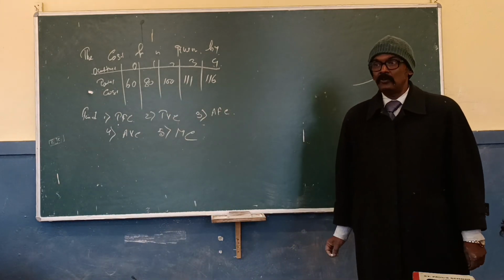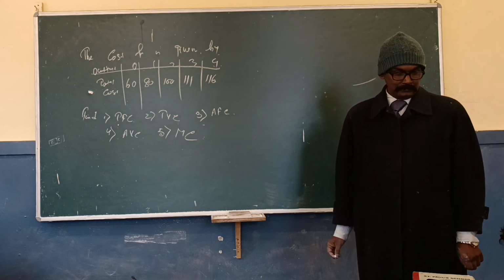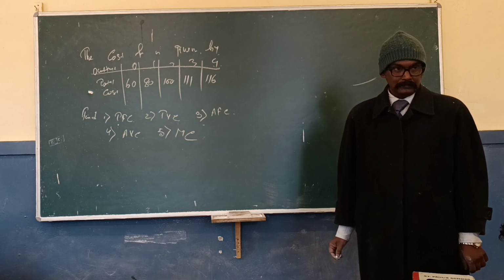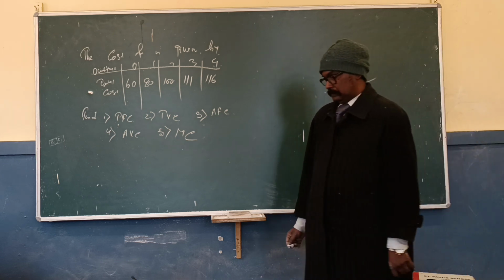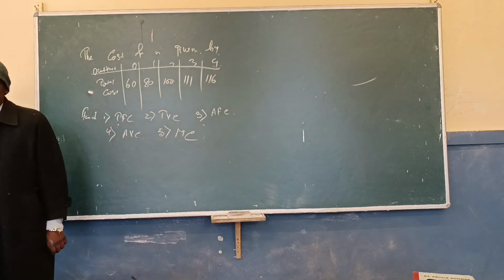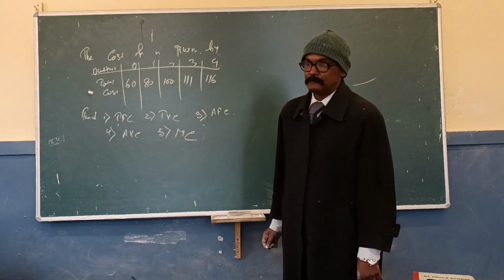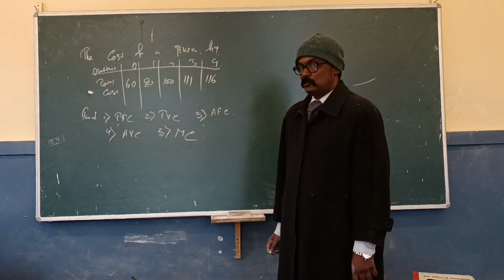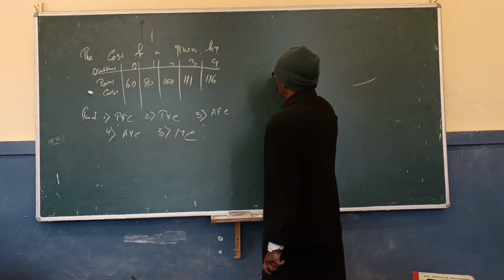Do you know how to find out? Alright, those who do not know, I will not waste much time. What will you do in this case? Please follow. I will make the schedule.